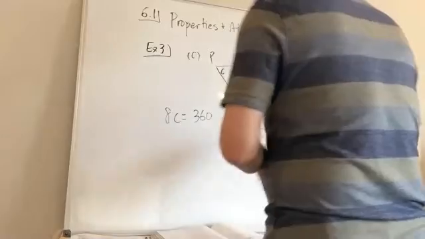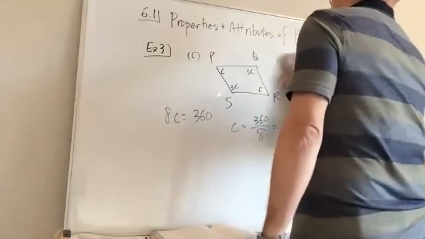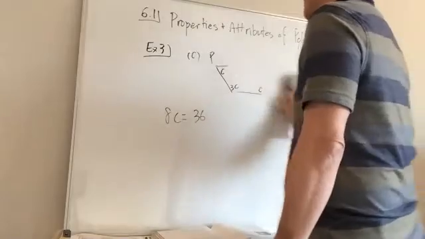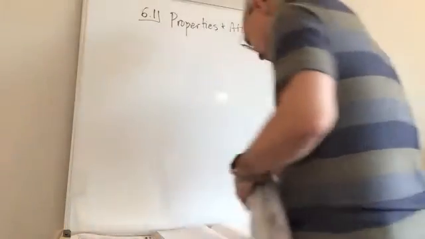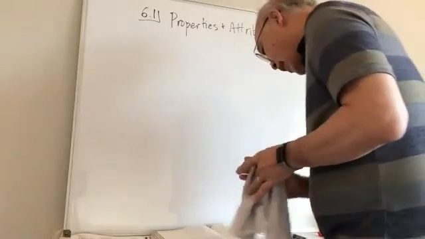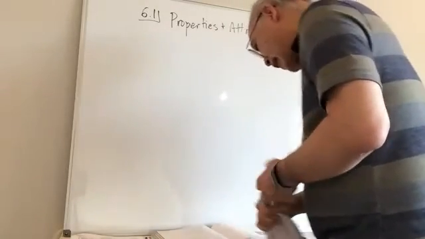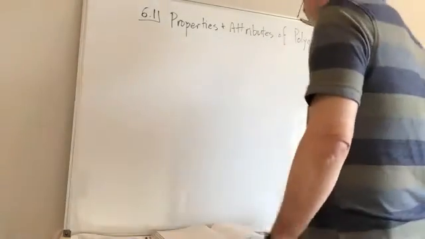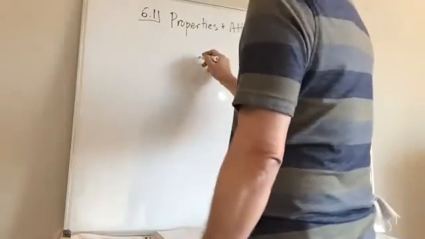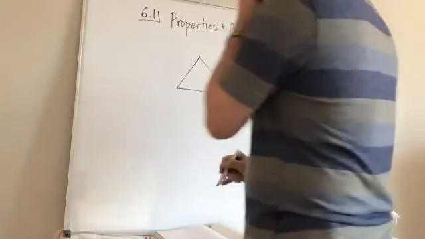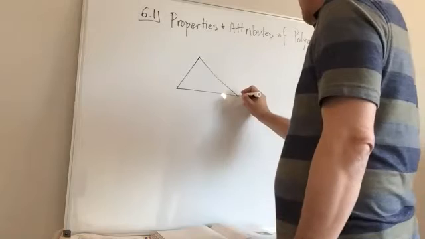Okay, now in the bottom part of page 396, it gives us a new theorem there. The sum of the exterior angle measures, one angle at each vertex of a convex polygon, is 360. So if I had this, and the sum of the exterior angles, right?